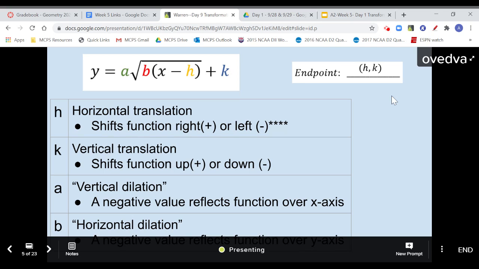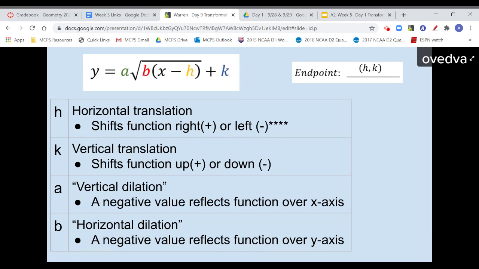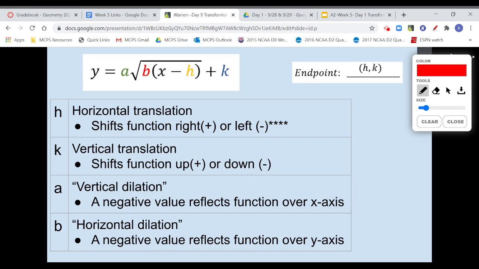Okay. So this is here to show us basically the standard form of a square root function. And that is what is written up in the top of the page up here. Okay, that's the standard form of the function. The letters A, B, H, and K represent places where I could write another number that would transform my function.